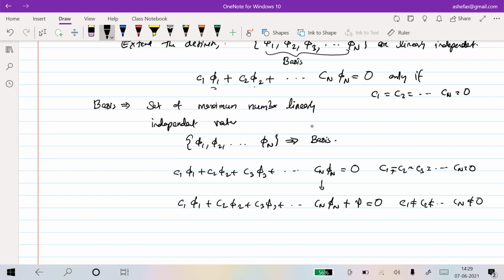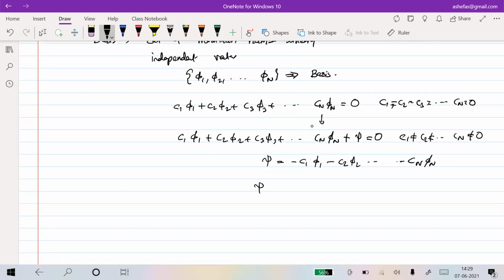That means psi can be written as minus C1 phi 1 minus C2 phi 2, etc., up to minus Cn phi n, or psi we can write as the sum over i equal to 1 to n of Ci phi i. Whether it is plus Ci or minus Ci doesn't matter; we can include that here itself.